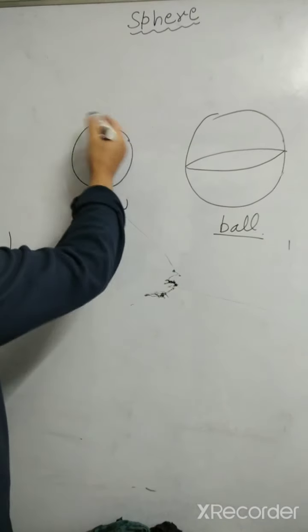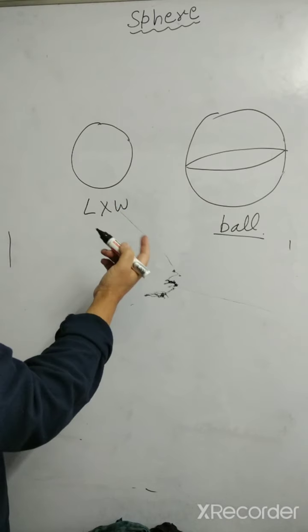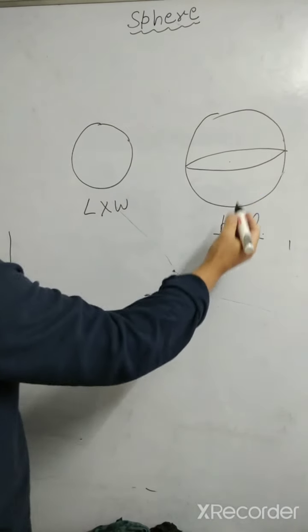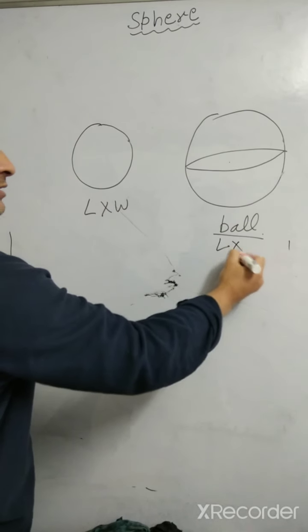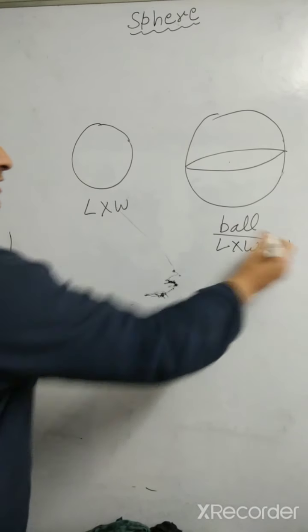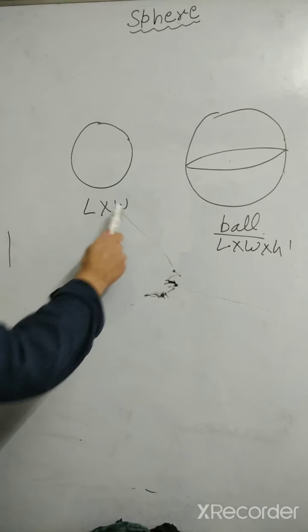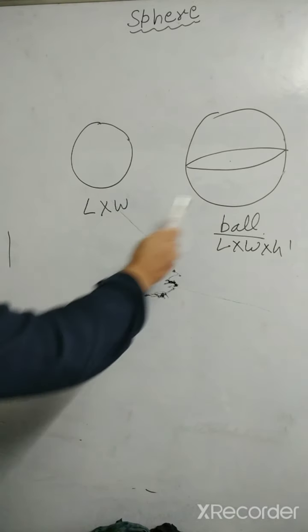Got it? So this is a sphere which has three dimensions. What? Length, width and height. And circle is a two-dimensional figure. You should know the difference between these two. Right?